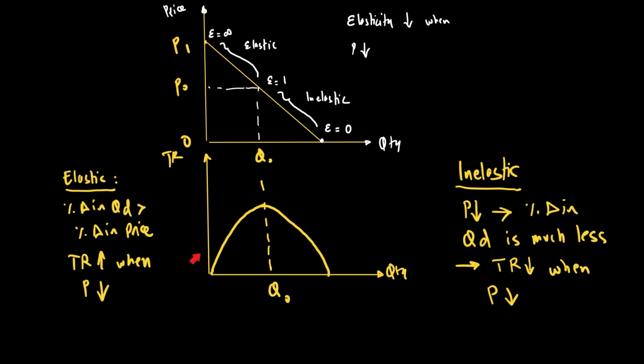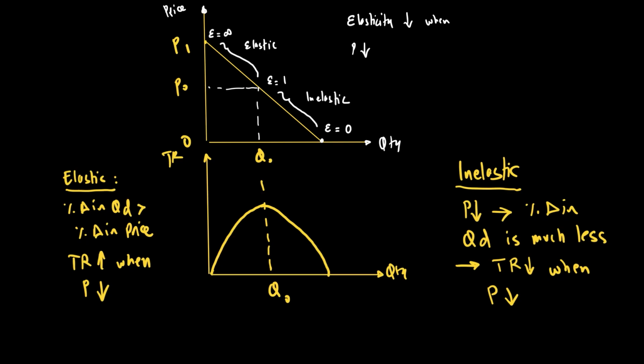So in short, when you have a downward sloping demand curve and you keep on lowering price for the first half till Q naught, you will see the good is elastic and therefore total revenue goes up. Later on, when the good is inelastic, total revenue goes down, leading to this kind of total revenue curve.